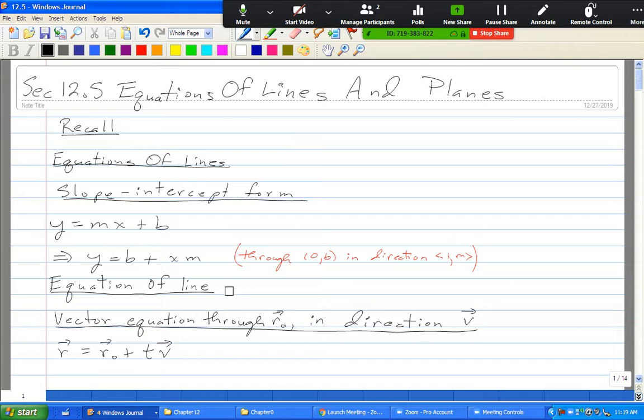So let me give you some equations of lines for vectors. So first, the vector equation through r0 in the direction of v. Well, it's the vector r equals the vector r sub 0 plus t times the vector v, which is an equation exactly of the same form that I had from before.